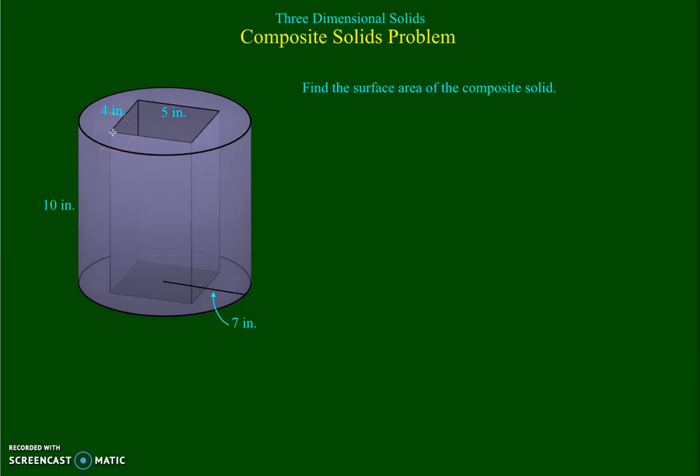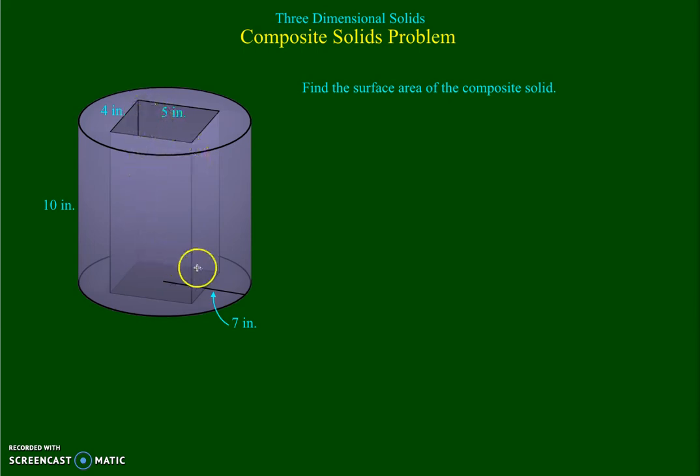Now, to calculate the surface area, we're going to have to look in detail at the lateral area first. The lateral area is going to be the area of this outside surface plus the lateral area of this rectangular prism inside. Think of this as finding the area of all the surfaces exposed to the air.